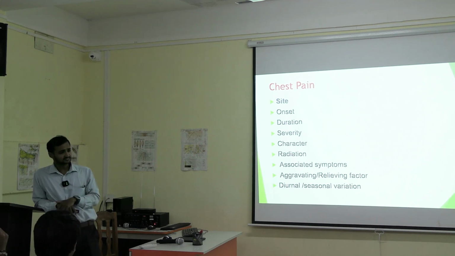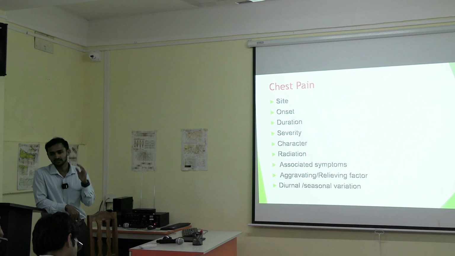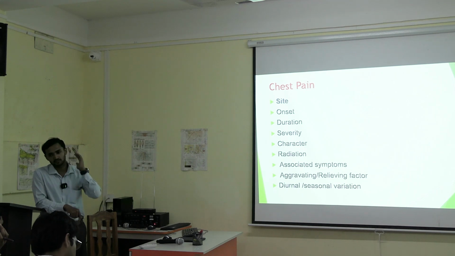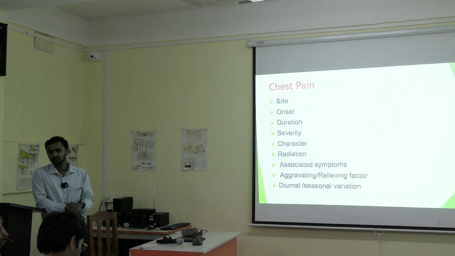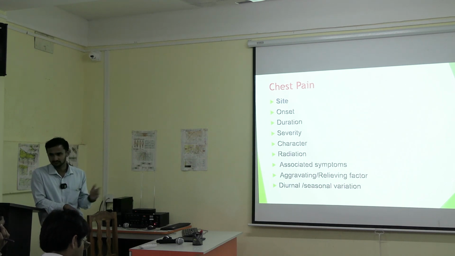Then R for radiation, whether the pain is radiating to any side, suppose towards the back or towards the neck, we'll describe it under radiation. Then A for association, whether it is associated with other symptoms.